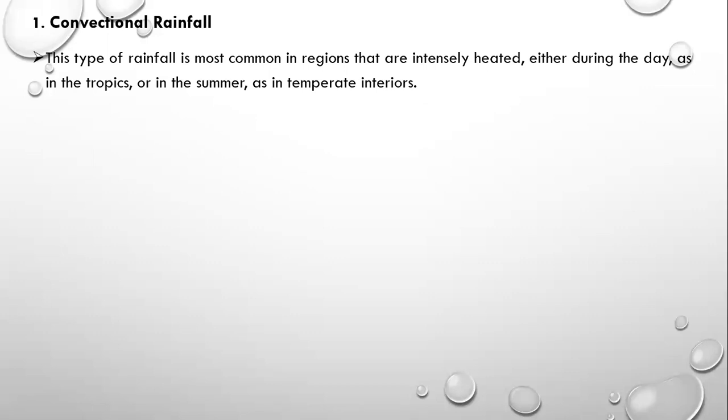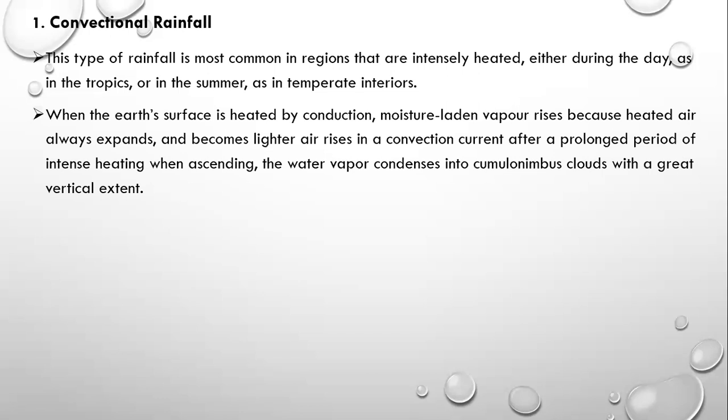Now, when we talk of convectional rainfall, we'll say when the Earth's surface is heated by conduction, moisture-laden vapor rises because heated air always expands and becomes lighter. Air rises in a convectional current after a prolonged period of intense heating. When ascending, the vapor condenses into cumulonimbus clouds with a great vertical extent.